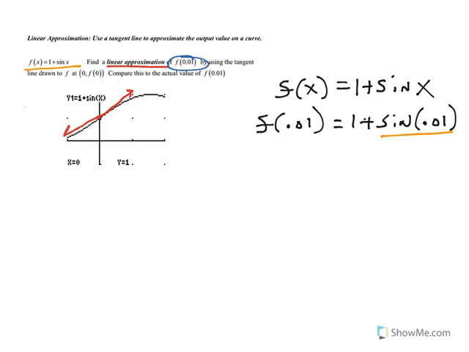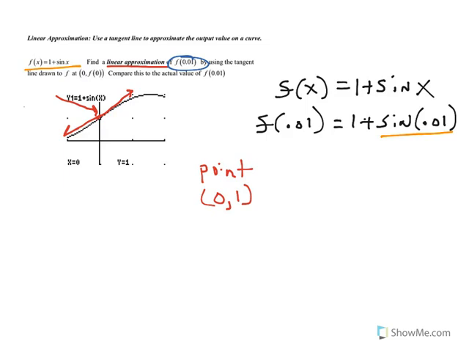To make a tangent line, you need two things: a point and a slope. The point of tangency is going to be at (0, 1). So that's the point on the graph.